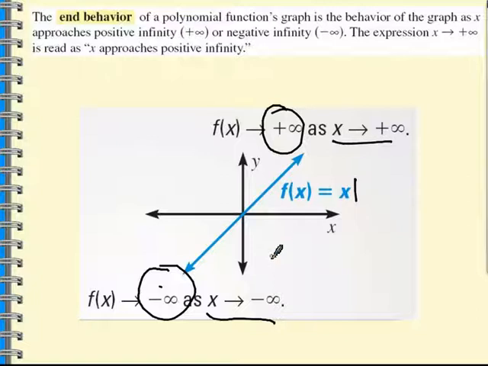So x cubed, x to the fifth, x to the seventh, so on and so forth, will relate the same way. As x approaches positive infinity, so as x gets bigger and bigger and we keep going to the right, our function f of x is going to approach positive infinity, meaning it's also going to go up really big and on into infinity.